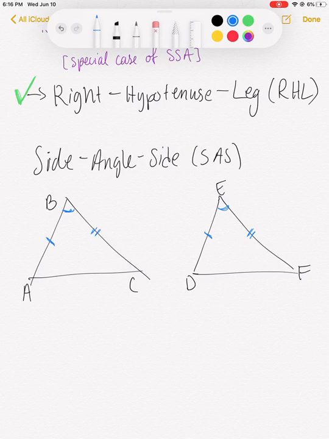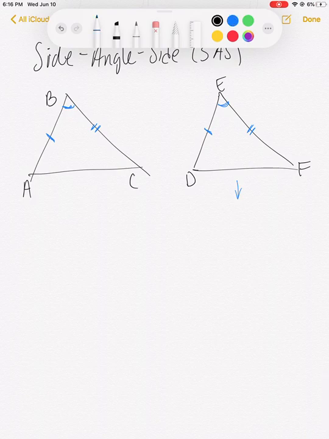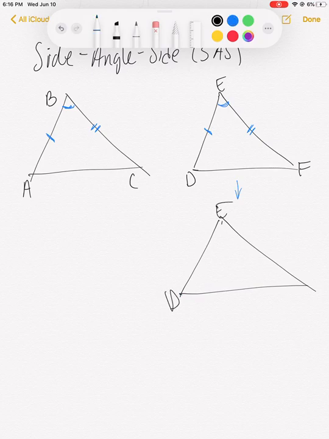Now, can I construct a counterexample triangle? Well, I maintain these correspondences. Okay, so DEF, let's see what we can vary here.